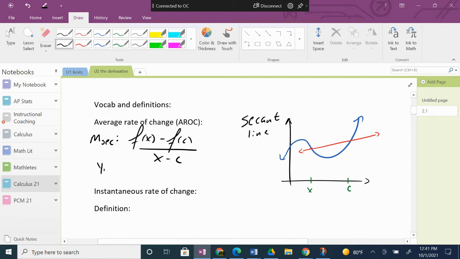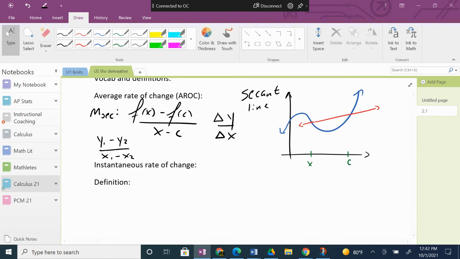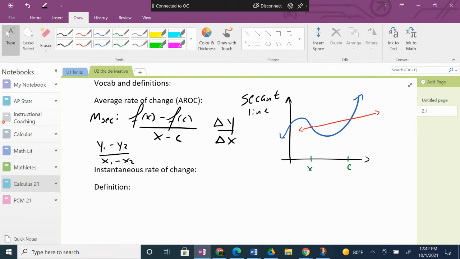Or if you remember algebra 1, delta y over delta x. Those are all ways you can talk about slope or an average rate of change. Okay, so average rate of change is very much an algebra problem versus instant rate of change, which is a calculus problem.